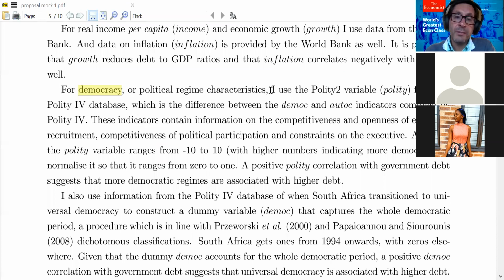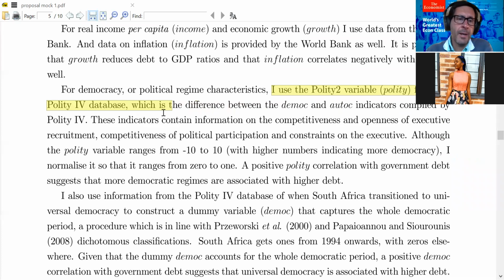Democracy or political regime characteristics, I use the polity2 variable, which I call polity, from the Polity4 database, which is the difference, and then I explain because it's not something obvious, which is the difference between the democ and autoc indicators compiled by Polity4.